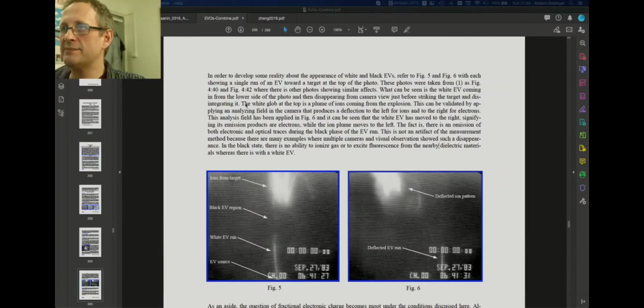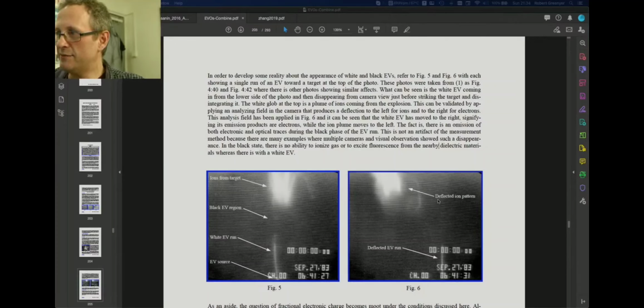This can be validated by applying an analyzing field in the camera that produces a deflection of the ion to the left for ions and to the right for electrons. So I would imagine that there's an anode on the right-hand side of this right-hand picture and a cathode on the left. And so the ions are being pulled over to the left, and the electrons are being pulled over to the right.